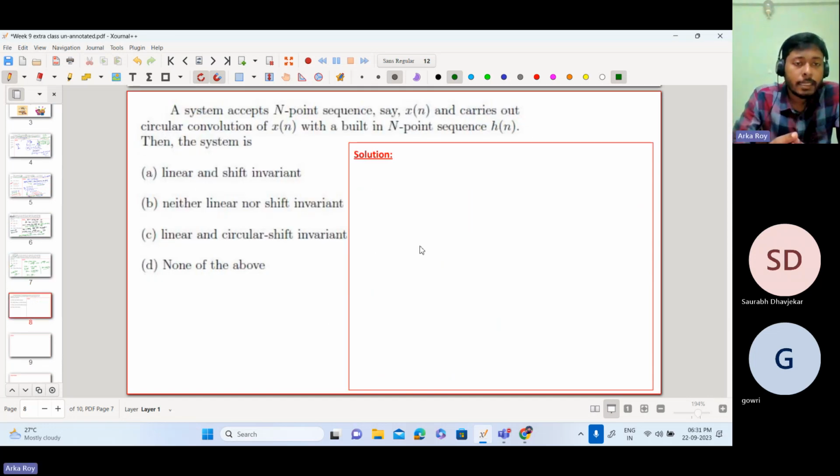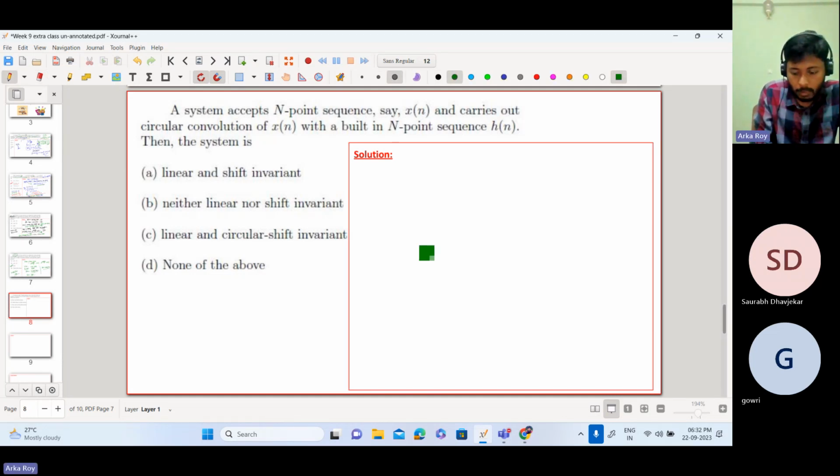Now, the next question states that a system accepts an N-point sequence, say x[n]. So the input is x[n], and the system carries out the circular convolution of x[n] with a built-in N-point sequence h[n]. So over here, the system is like this. We have an h[n].